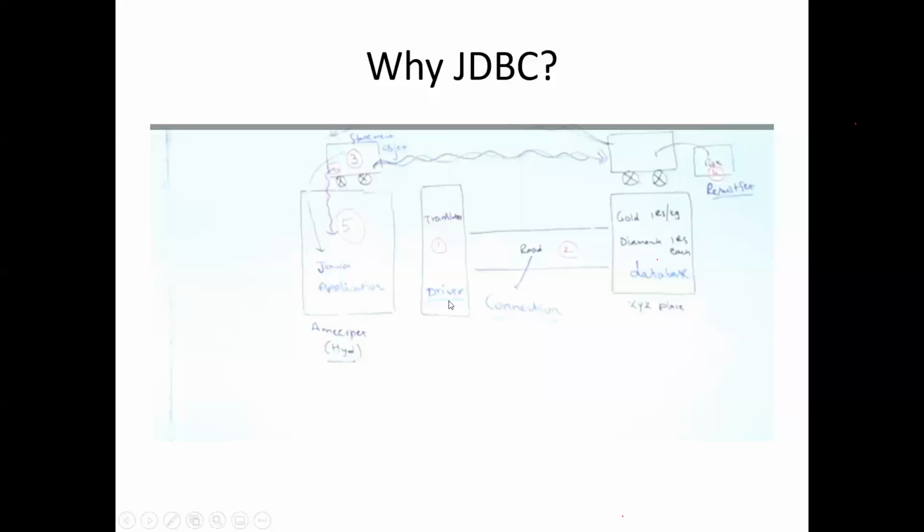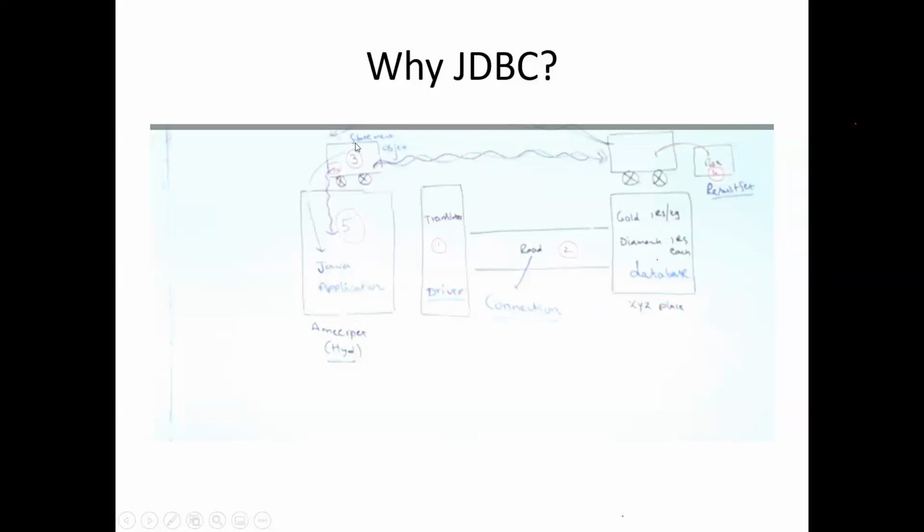Now I want a connection. With the help of the Java application, I will communicate with the database. In this point of view, my second priority is connection. Now the third priority: with the help of vehicle, I move from source to destination, and in this point of view I want statement objects.